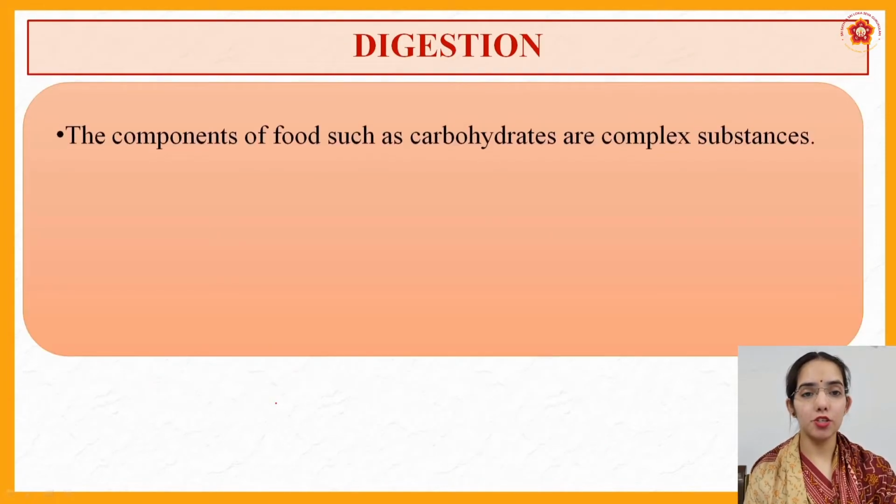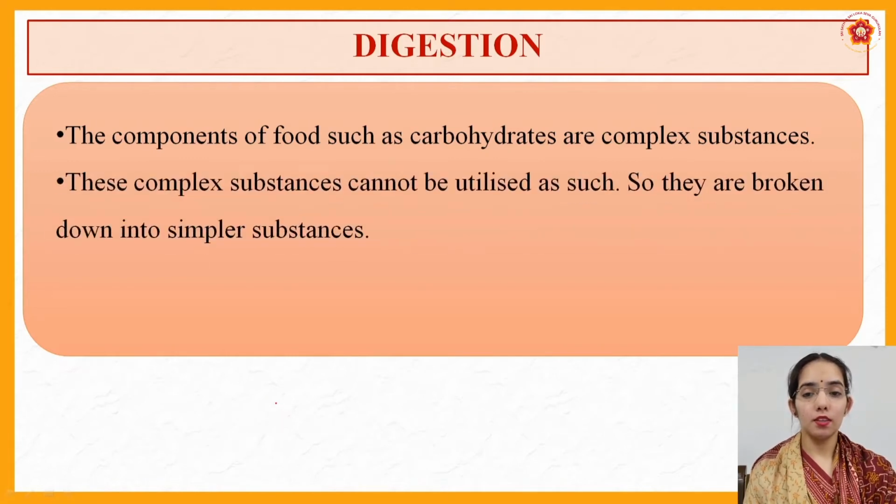Now, digestion. The components of food such as carbohydrates are complex substances. So all the components that we studied in the previous slide, like carbohydrates, proteins, fats, they are complex substances. Now these complex substances cannot be utilized as such. So they need to be broken down into simpler substances.